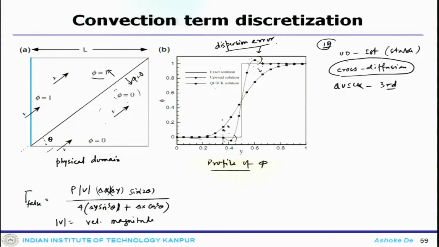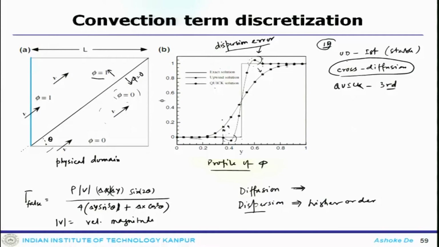So, there are two different errors which dominate in the system. One is the diffusion error or false diffusion, another is the dispersion. On one hand, this is more prominent in lower order scheme, and on the other hand, this is prominent in the higher order scheme. So, higher order scheme reduces the diffusion, but it also becomes prone to the dispersion.